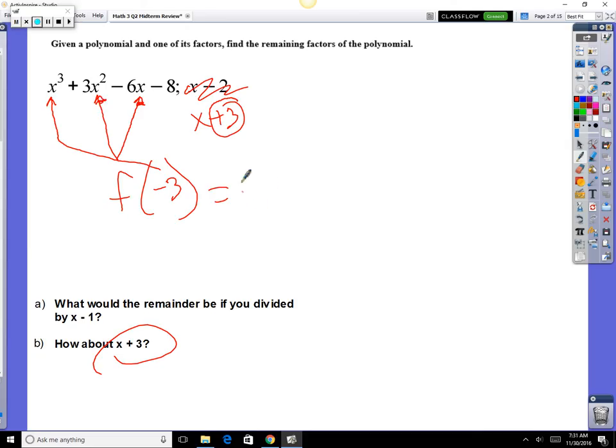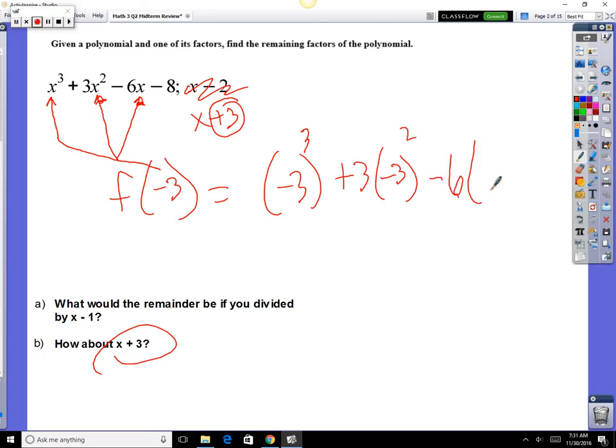So wherever there's an x, put parentheses, and this one's a negative, so this is super important. Negative 3 parentheses cubed plus 3 parentheses negative 3 parentheses squared minus 6 parentheses negative 3 parentheses minus 8. Okay, this one I'm not even going to try to do it in my head. I'm just going to type that in on the calculator, hit enter.